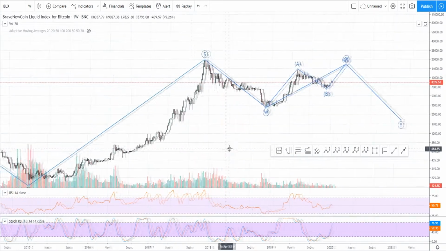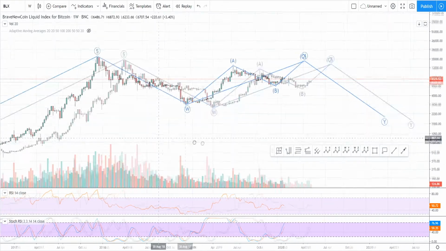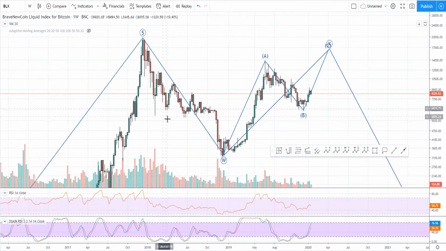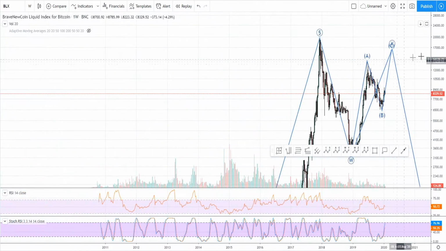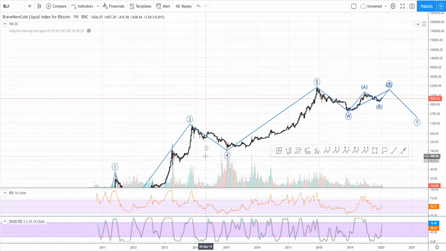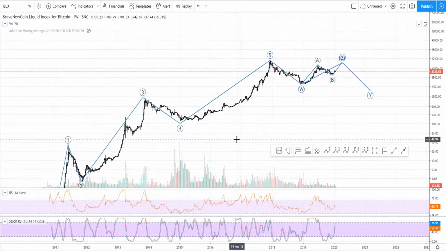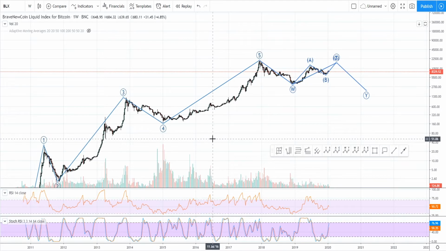Then we've had this complex correction. I think it's WXY, but I don't think this is the whole correction for this whole cycle wave 1 up. I do think we'll see a further correction.